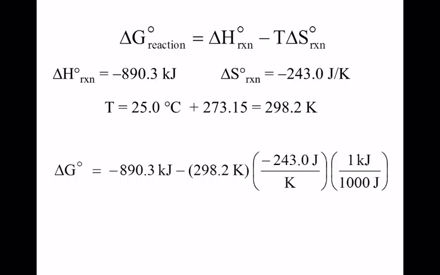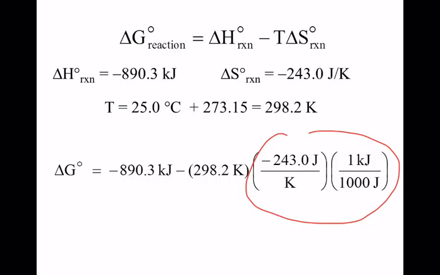So here we go. Delta G is equal to delta H minus T delta S. So delta G is equal to negative 890.3 kilojoules. That's our delta H term. Minus the T we came up with, 298.2 Kelvin. And that's T times S. So then these last two terms here, basically convert from joules to kilojoules.